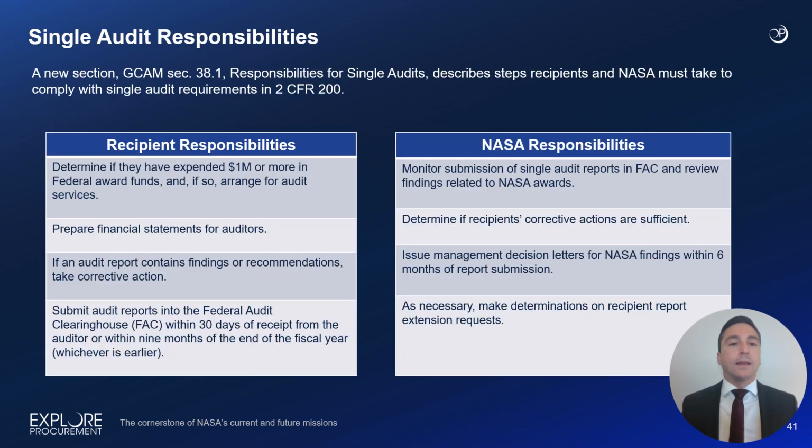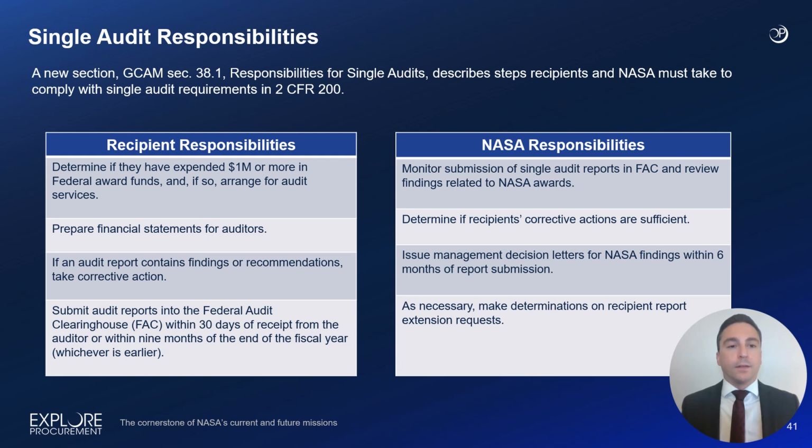NASA has also added a new section to the GCAM that describes recipient and NASA responsibilities related to single audits. In summary, recipients that meet the $1 million single audit threshold are required to arrange for audit services, prepare financial statements for auditors, take corrective action on any audit findings, and submit their single audit reports to the Federal Audit Clearinghouse.